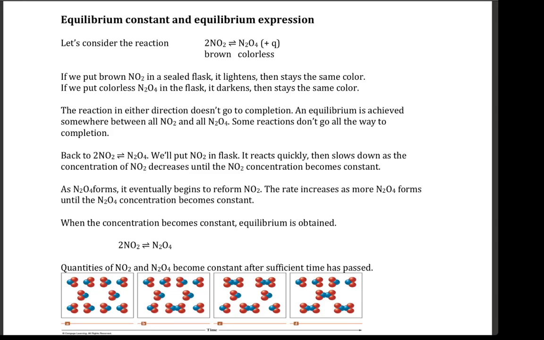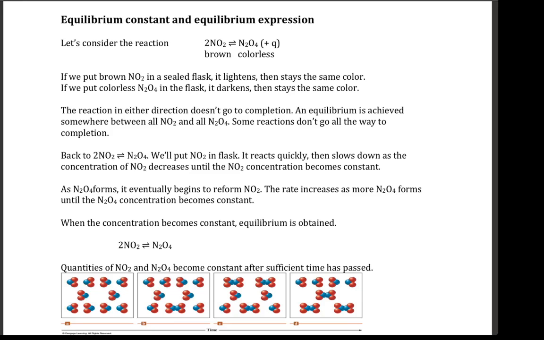So, let's say we're back to putting the NO2 in a flask. It reacts quickly. Remember from the kinetics chapter, when we have a lot of it, which is when we first put it in the flask, it reacts the quickest. The reaction slows down as the concentration of NO2 decreases until the NO2 concentration becomes constant. And that's when the color persists.